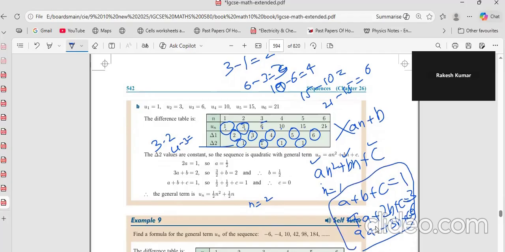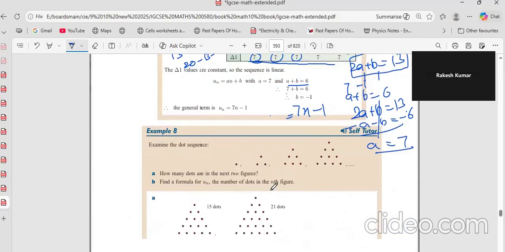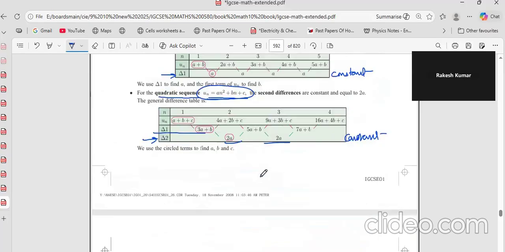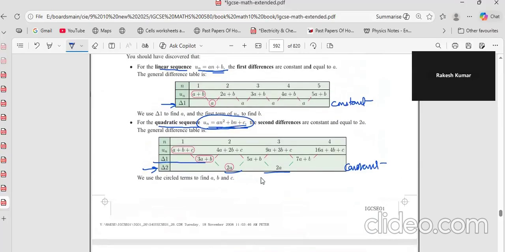If you find this too troublesome, you can remember this table for the quadratic series. The first term, I put n as 1, I get a plus b plus c. If I put n as 2, I get this.